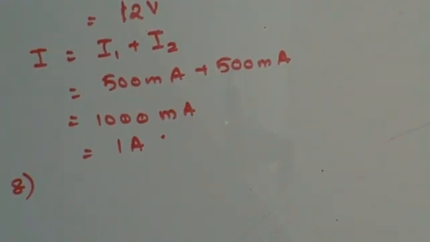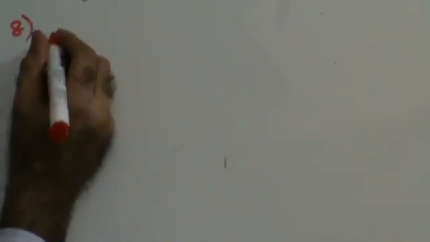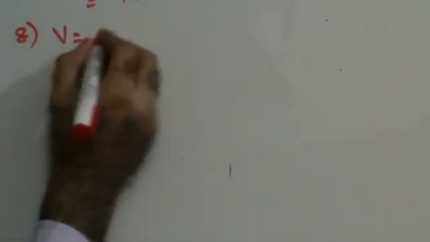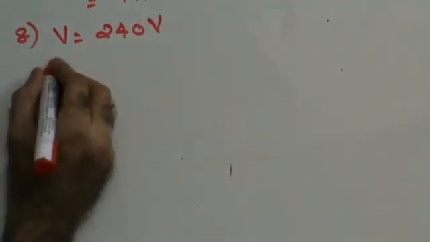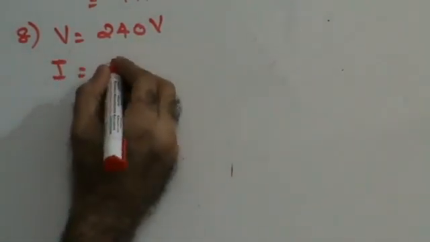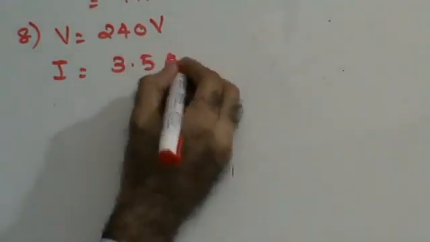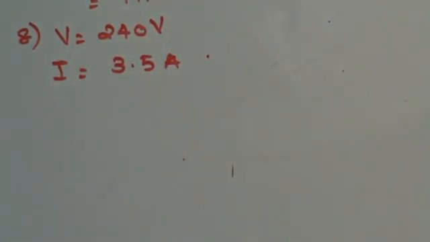A heater is connected to 240 volts and draws a current of 3.5 amps.